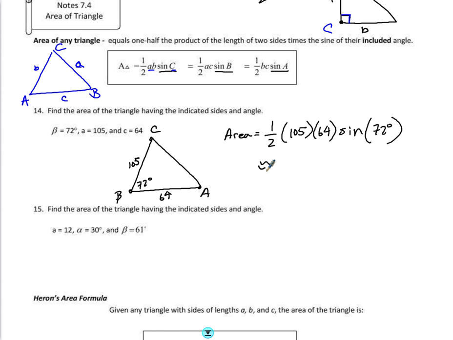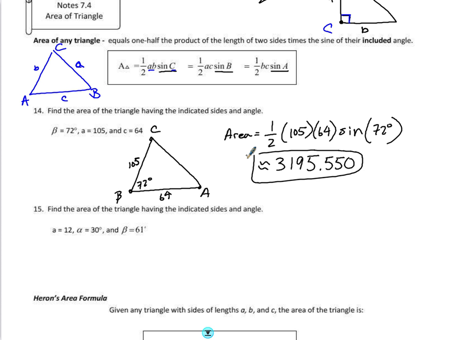I end up with an area roughly around 3,195.550. Round to 3 decimal places. Approximately, always round to 3 decimal places unless otherwise stated. What's it round to?